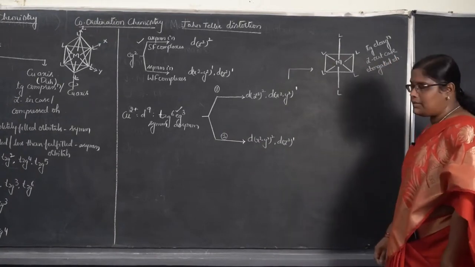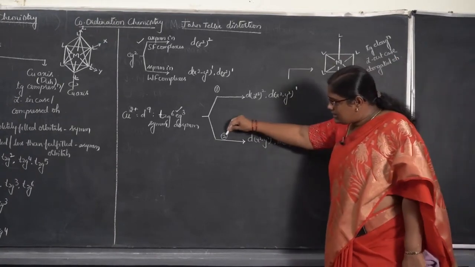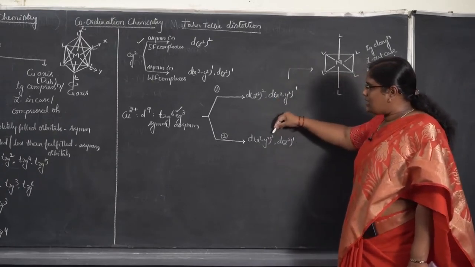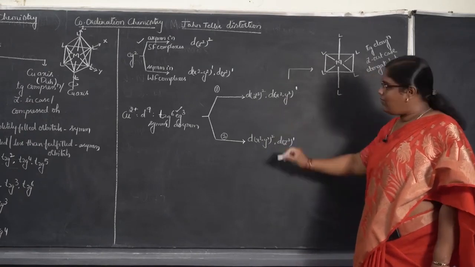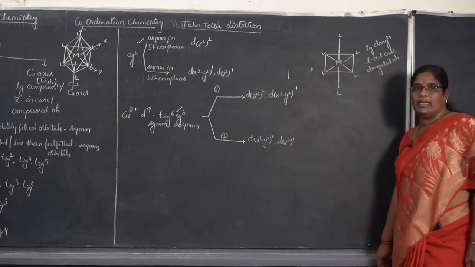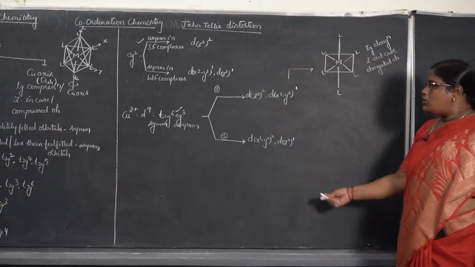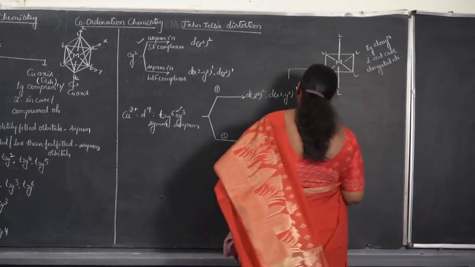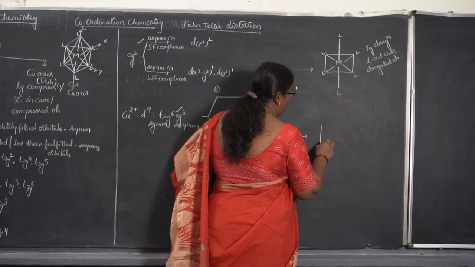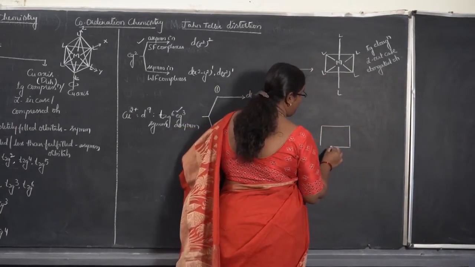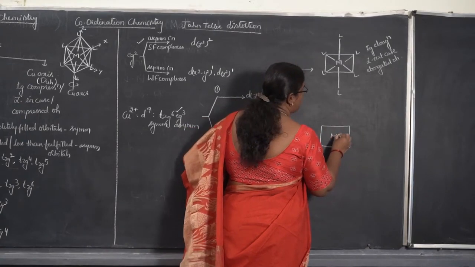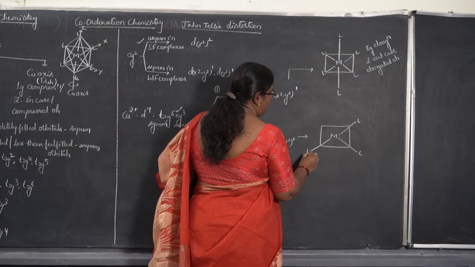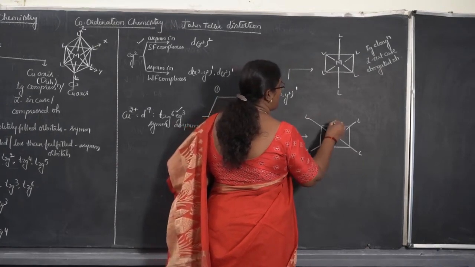Now when we take the second case, the most populated axes are the x-axis and y-axis, where we have two electrons in dx square minus y square. So the ligands approaching the metal through the x and y axes are more repelled by the metal.